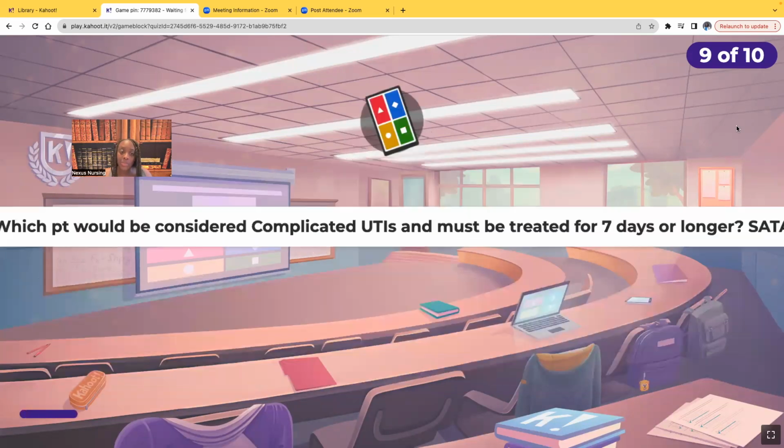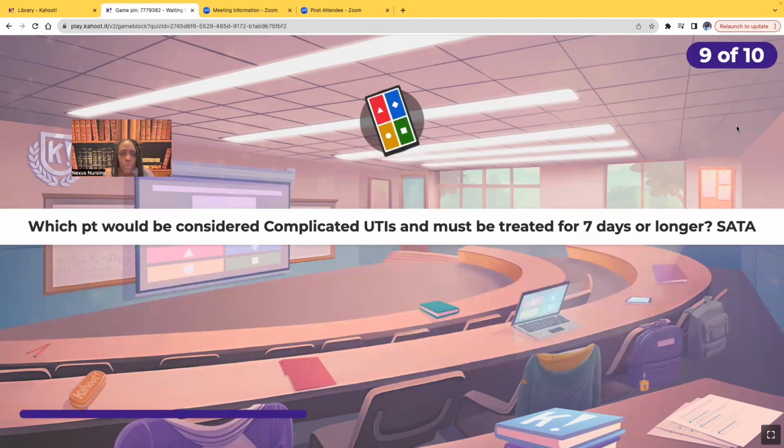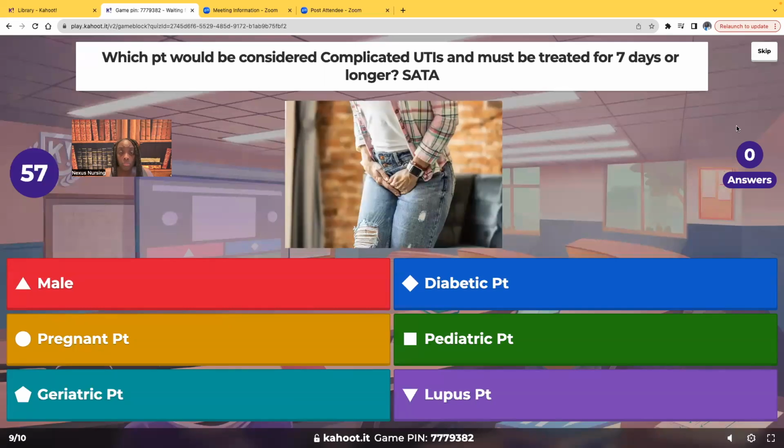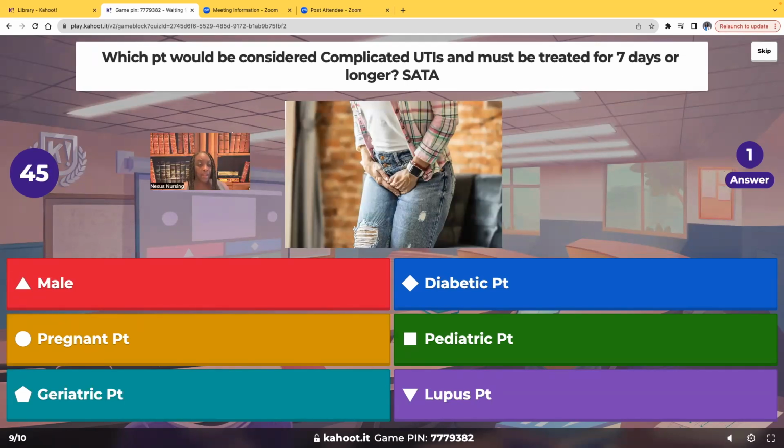All right, select all that apply. Which patient would be considered a complicated UTI and must be treated for 7 days or longer? When I say 7 days or longer, I mean 14 days, but technically speaking, at least 7 days. We're talking about complicated UTIs. Who falls into this category?